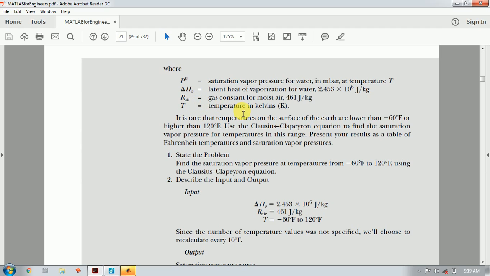Rair is the gas constant for moist air, 461 joule per kilogram per Kelvin.